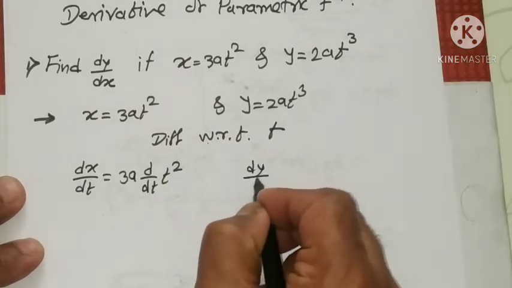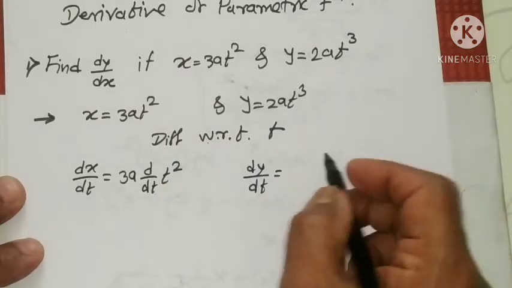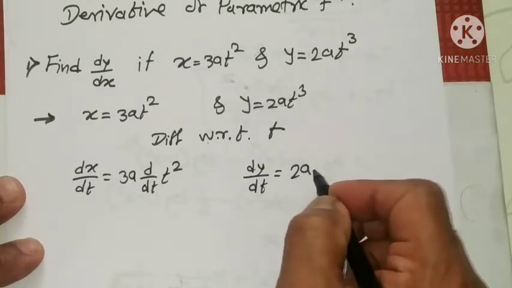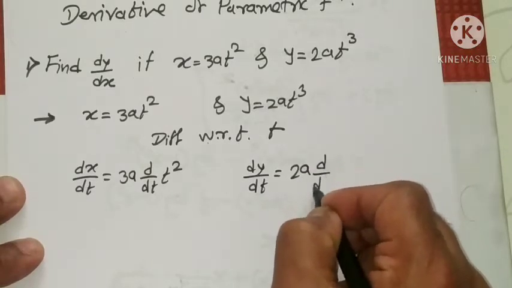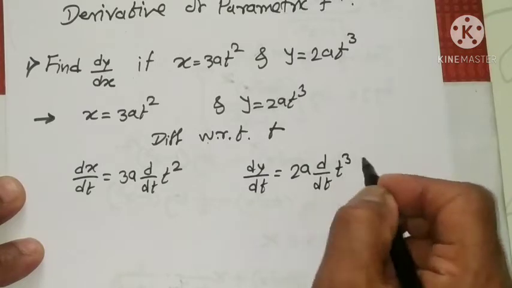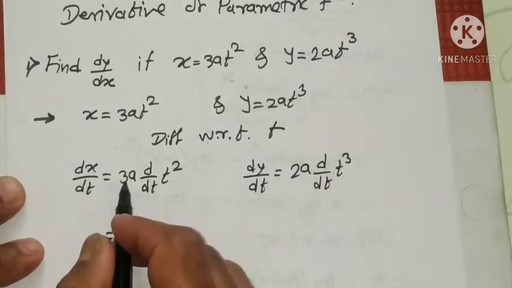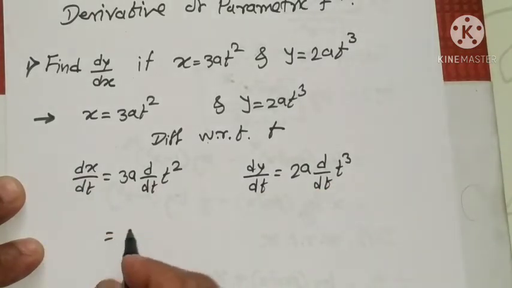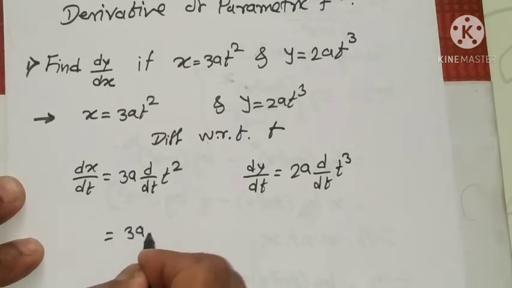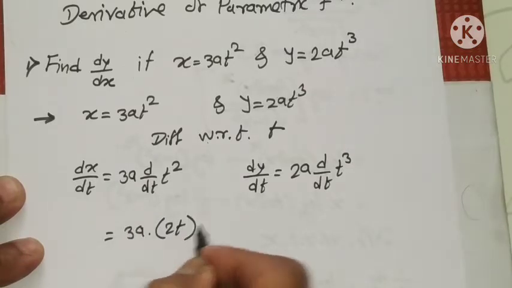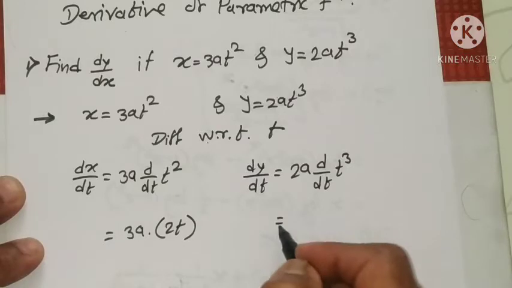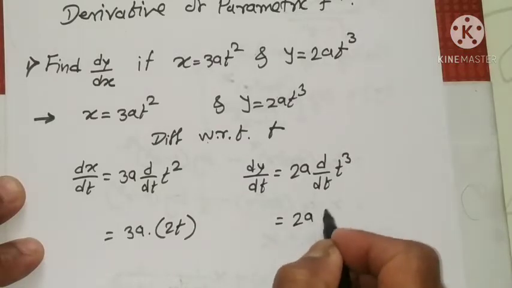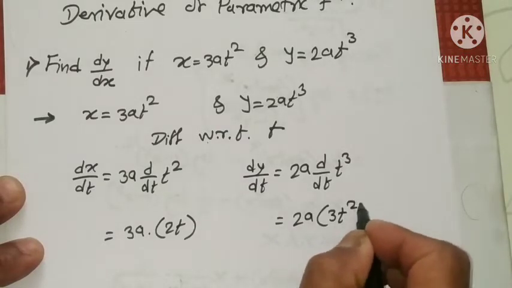Similarly, dy by dt is equals to 2a, coefficient remains as it is, d by dt t cube. Therefore, dx upon dt is equals to 3a into bracket 2t and dy by dt is equals to 2a into bracket 3t square.